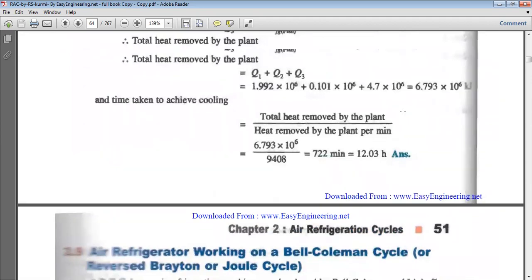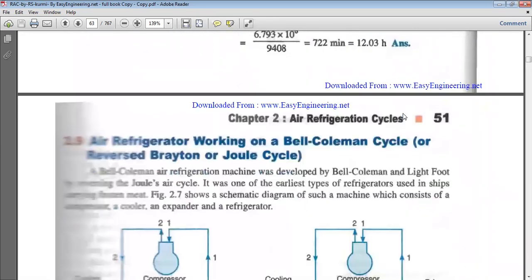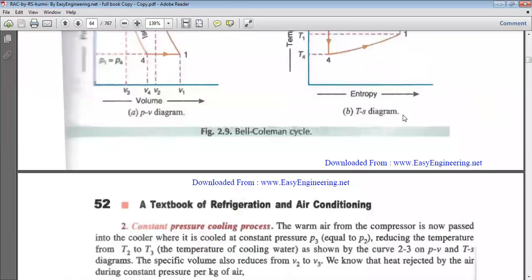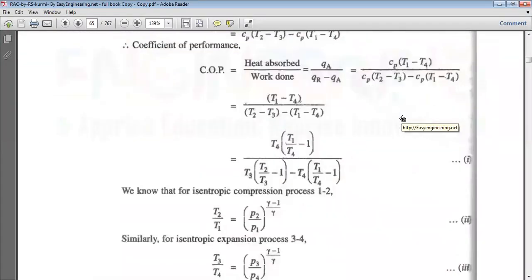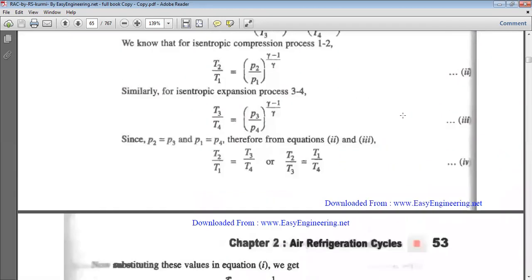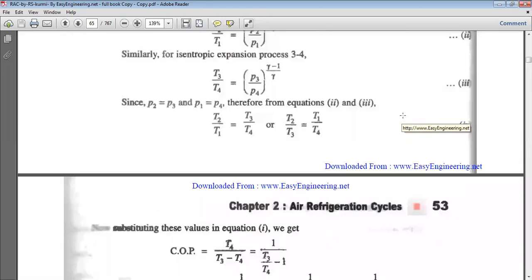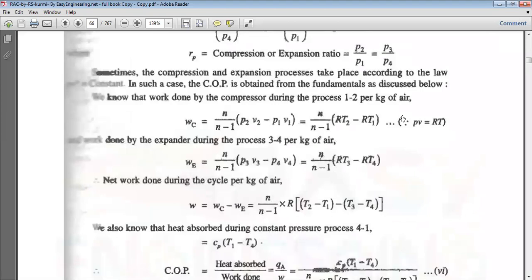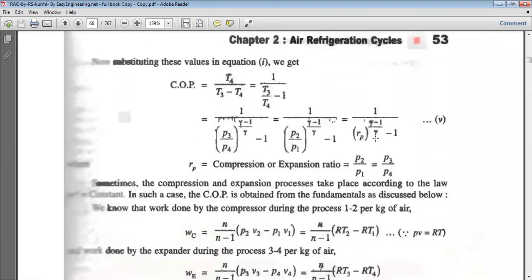Okay, now what is the formula for COP? COP depends upon 1 by Rp to the power of gamma minus 1 by gamma, that is, the coefficient of performance of the Bell-Coleman cycle is a function of compression ratio or expansion ratio.